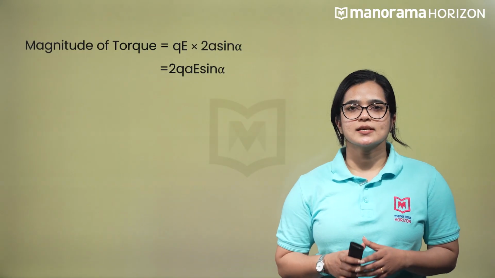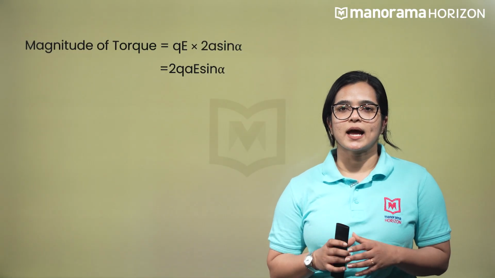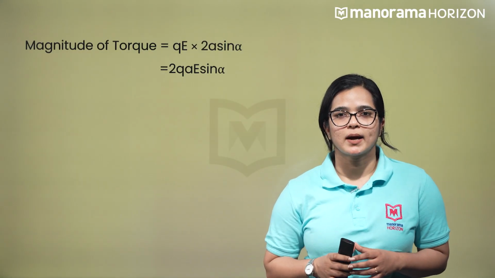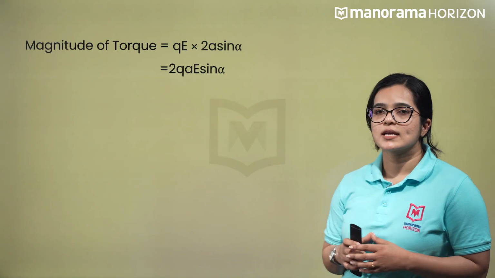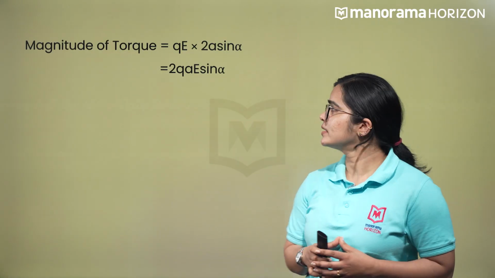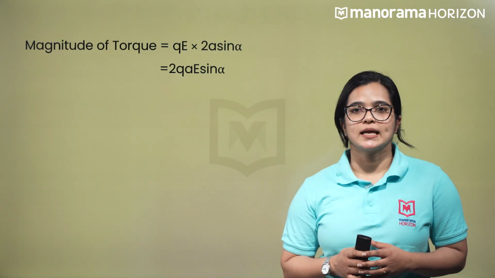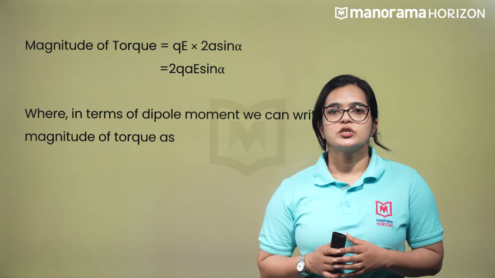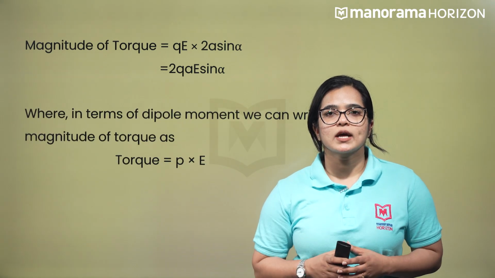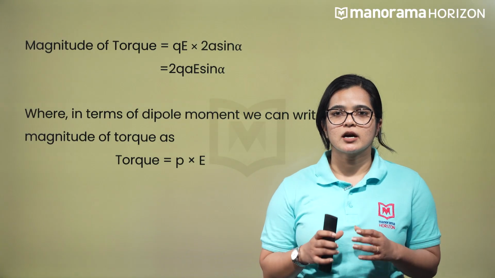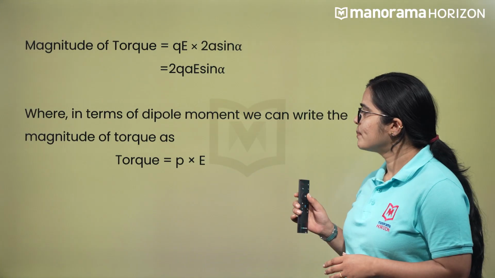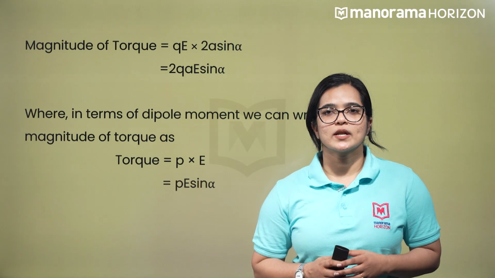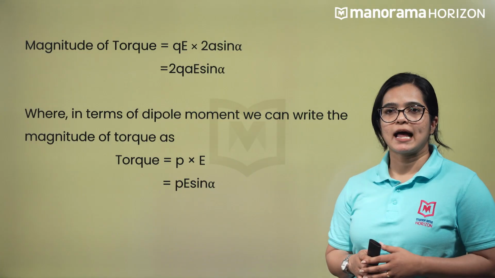Since the charges are separated by a distance, the magnitude of the torque acting is given by qE 2a sine alpha, which can be written as qaE sine alpha times 2. We know that the dipole moment is given by 2a times q. Therefore, the torque acting on the dipole in terms of the dipole moment is p cross E, which is equal to pE sine alpha.